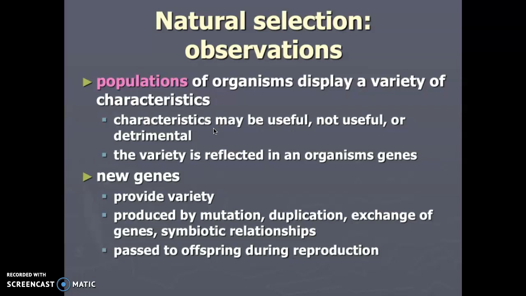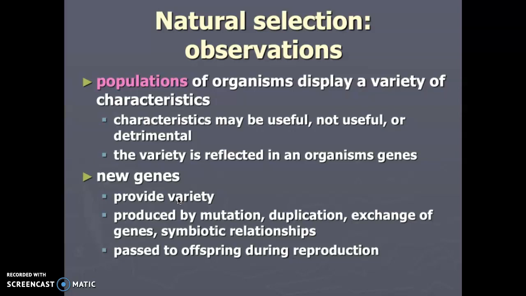And today we know that that variety is reflected in an organism's genes. And we also know where those new genes come from. They're produced by mutation, duplication, genetic exchange, symbiotic relationships. There are a number of ways that you can get new genes. And really it's this ability of life to mutate and come up with new genes that is causing us problems with this COVID virus right now.